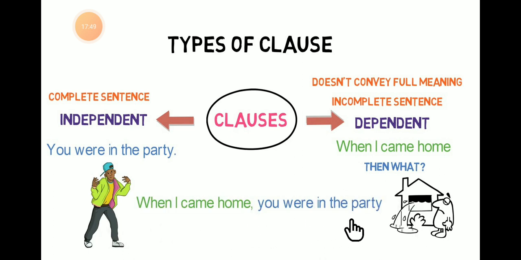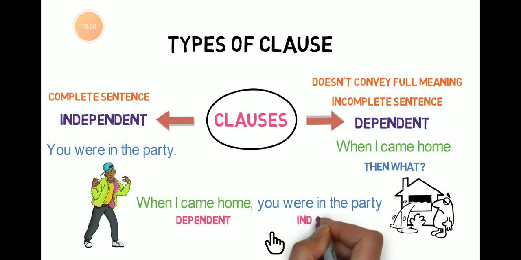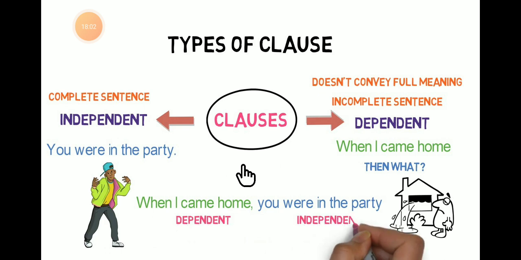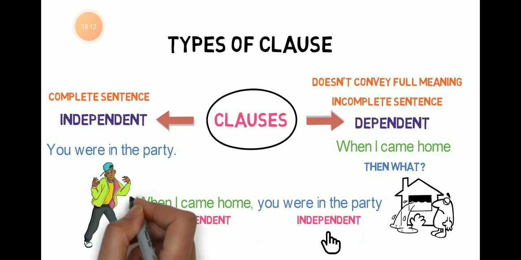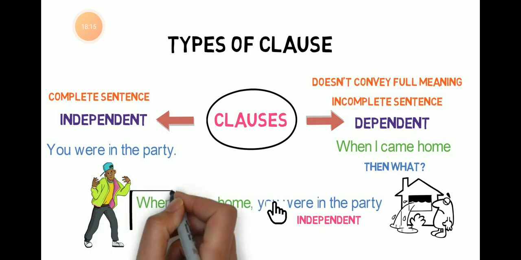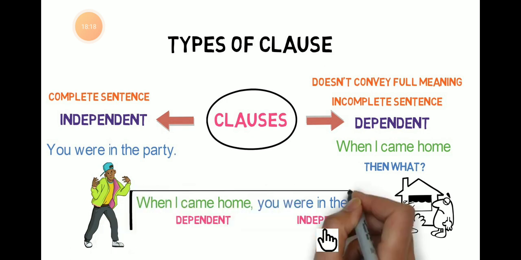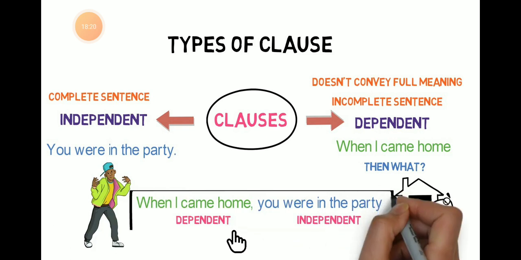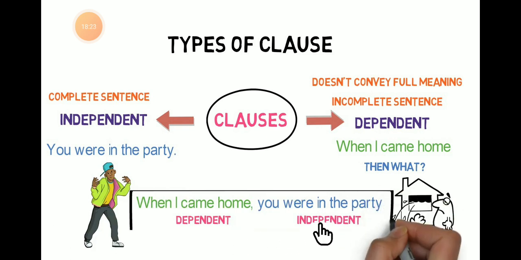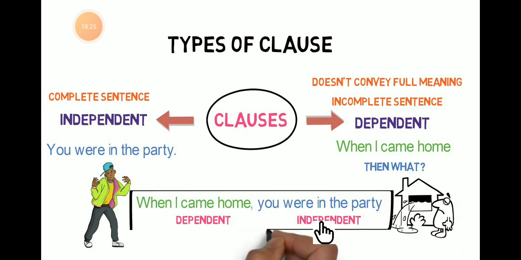Now it is a very meaningful and understandable sentence. So when a dependent clause is added to an independent clause, a perfect meaning comes out. See, when I came home is dependent and you were in the party is independent. So a dependent clause is always dependent on an independent clause. An independent clause can't be dependent on a dependent clause because it has its own meaning and is a complete sentence.